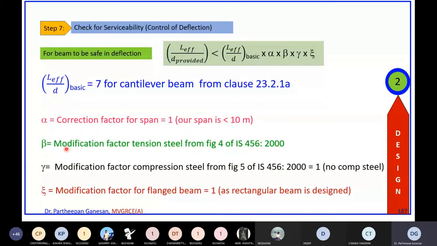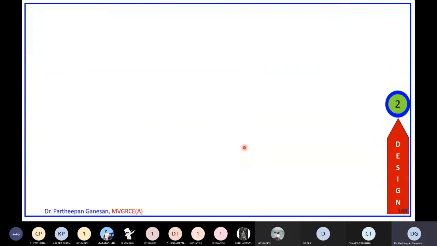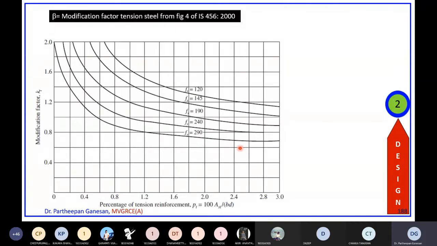The only thing you have to find out is beta, the modification factor for tensile steel. That comes from your figure. This one is an enlarged figure from your code. All of you should know this very clearly, as most of the time students make mistakes here only. They don't know how to find the modification factor for steel. For example, Fs value is 0.58 Fy AST required divided by AST provided.